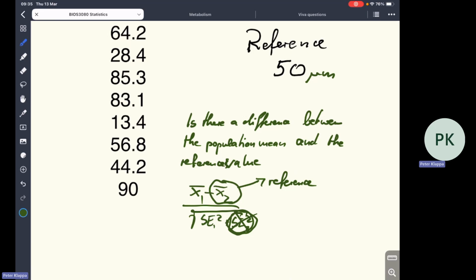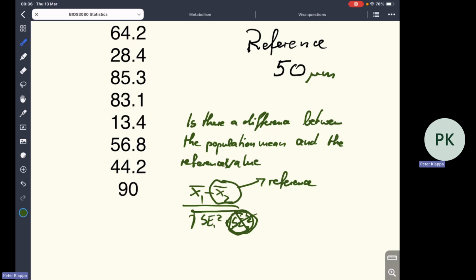So in a way, this one-sample t-test is easier because we are just dealing with one sample. And we can try and figure out what is the probability to find this t-score.